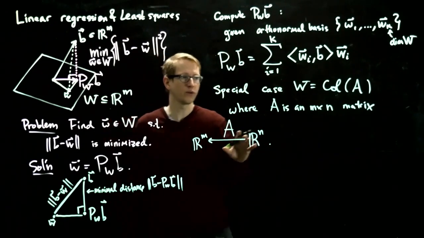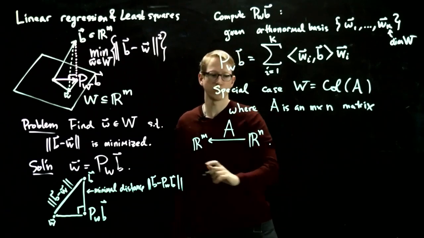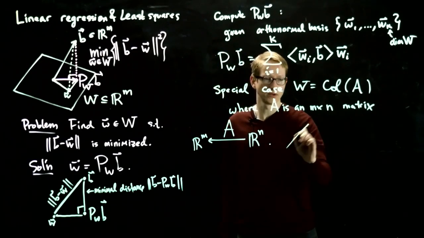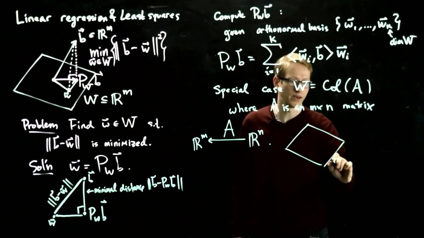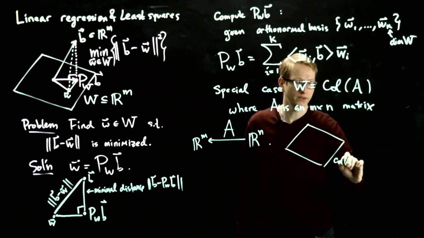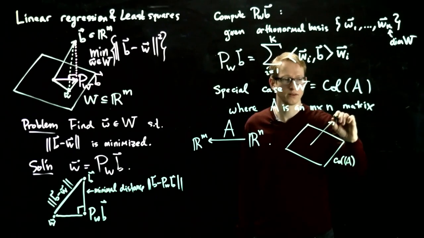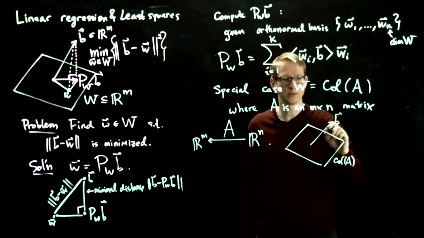In general, when we look at this problem and we're given a vector B, so now let's suppose that this subspace is the column space of A, and we have some vector B that's not necessarily in the column space.